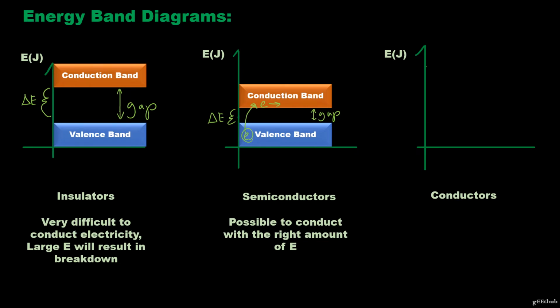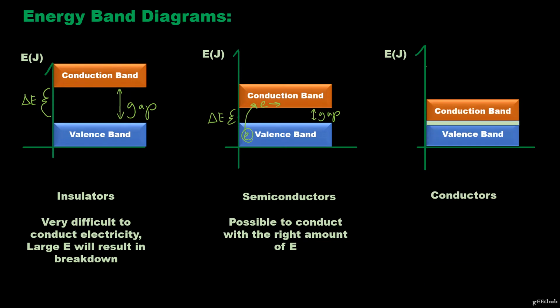Now for conductors, the conduction band and the valence band overlap, and this means that for conductors it is very easy to get electrons from the valence band to the conduction band and have them move in the opposite direction of our electric field and create current.